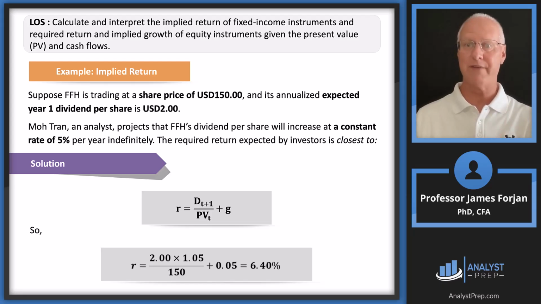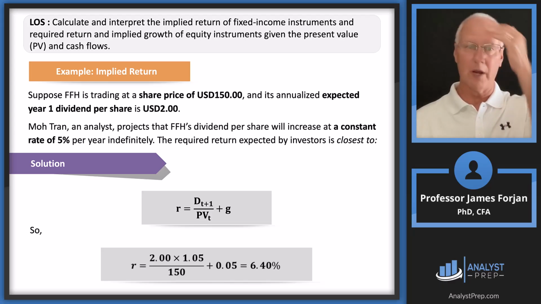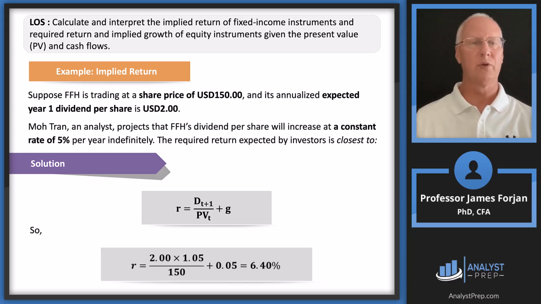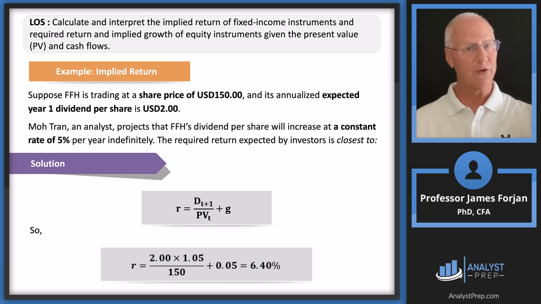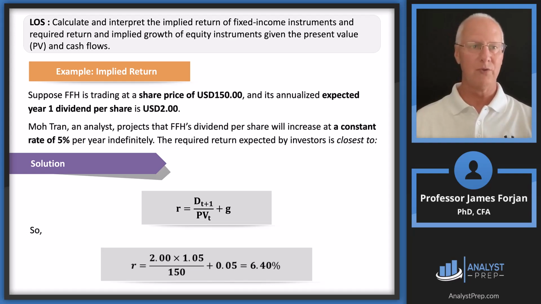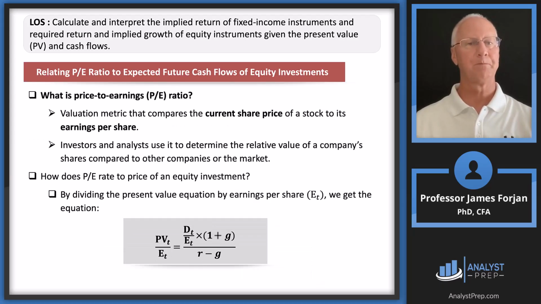That's the year 1 dividend, okay? T plus 1, year 1 dividend, divided by the current price, which of course we know, right? It's given to us in the problem. But we can easily go to the floor of the New York Stock Exchange and observe that number. And then we're going to add that 5%. Let me just caution you once again, whenever you use the Myron Gordon growth model, you need to use the decimal form of the interest rate. So add 0.05, so you get 6.33%.